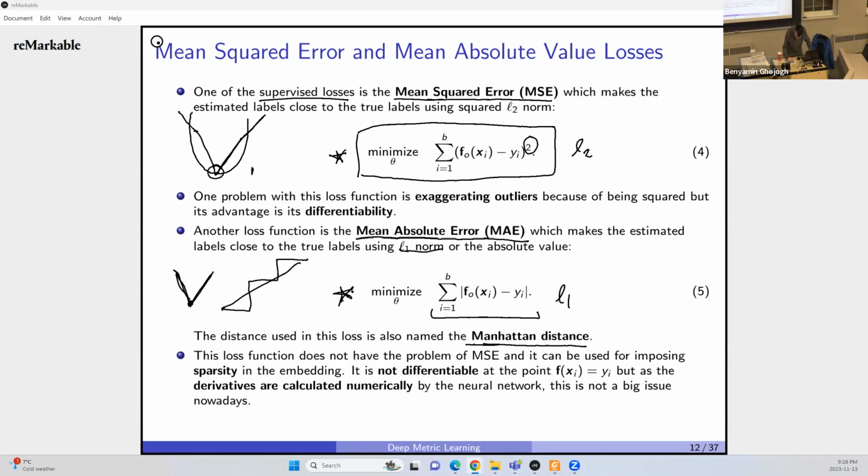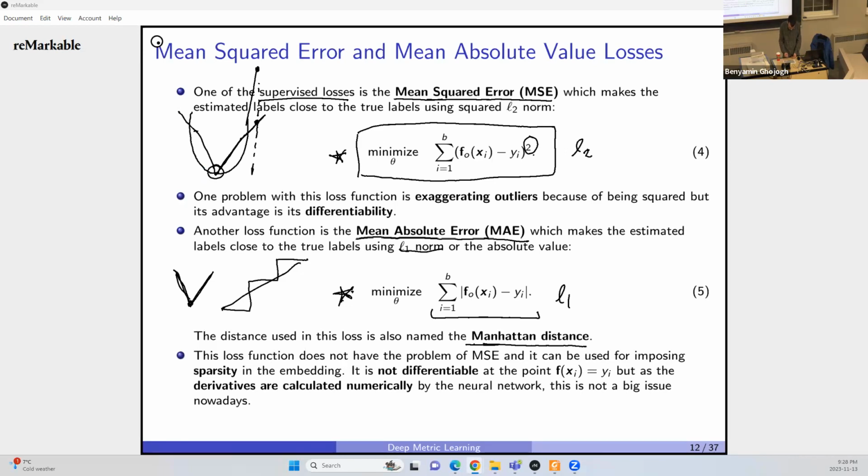But now consider an outlier. Its L2 norm is very big, while its L1 norm is not that big, because the L2 norm has a square in it. So they have pros and cons. By the way, the L1 norm is not a big issue in neural networks.